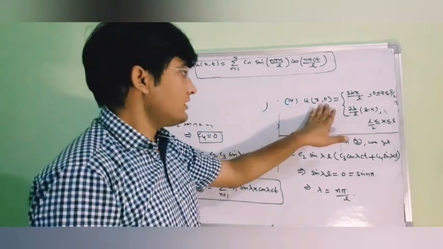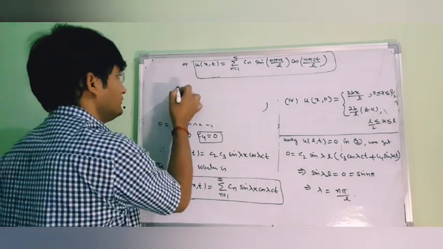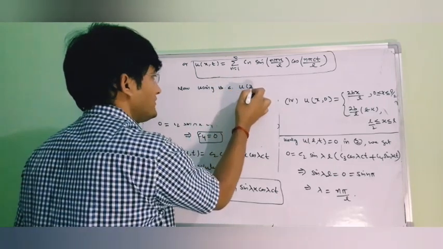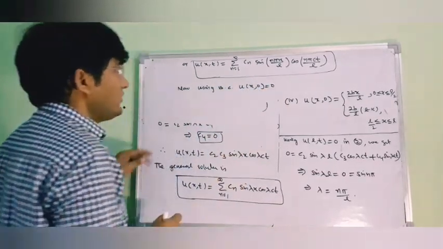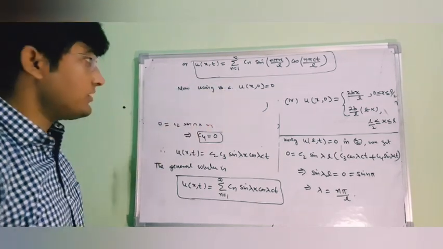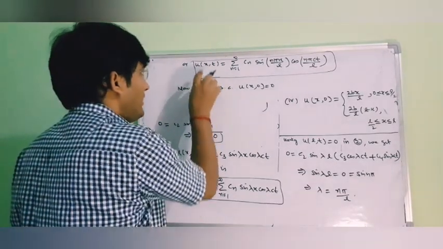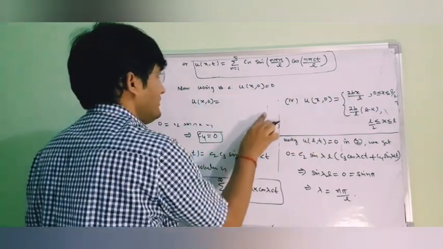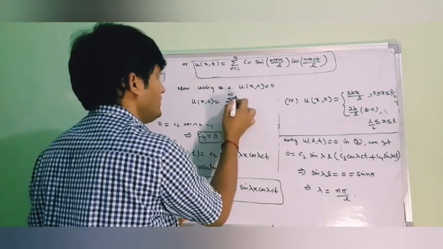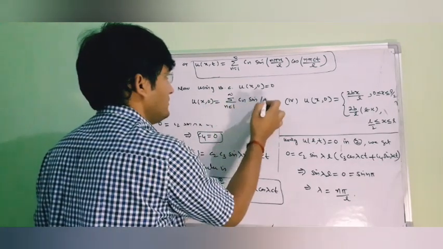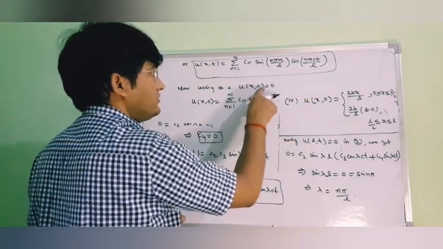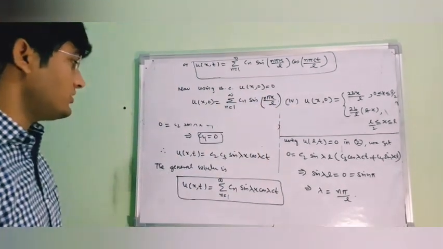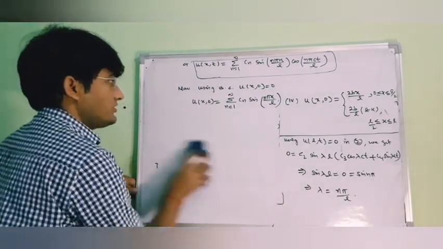Now let us use boundary condition 4. Now using boundary condition u(x,0) equal to 0, that means when your time is 0, your displacement is 0. So in the left hand side we will have u(x,0), and u(x,0) has these two values, and in the right hand side we have summation n equal to 1 to infinity cn sin, now because our t is 0, cos 0 will be 1, so we will have n pi x upon l. So this is your u(x,0).